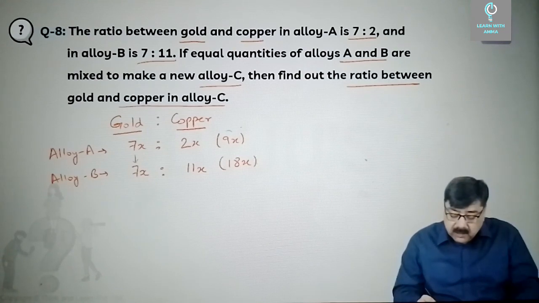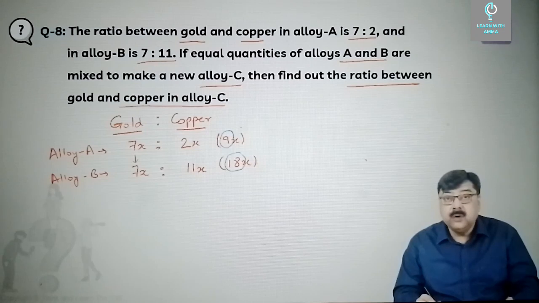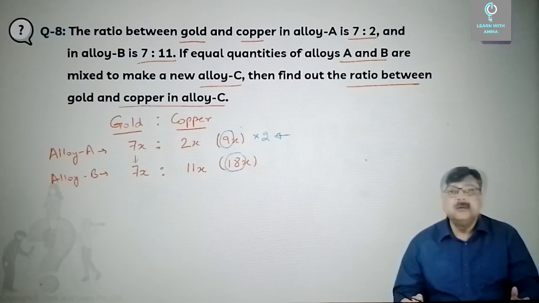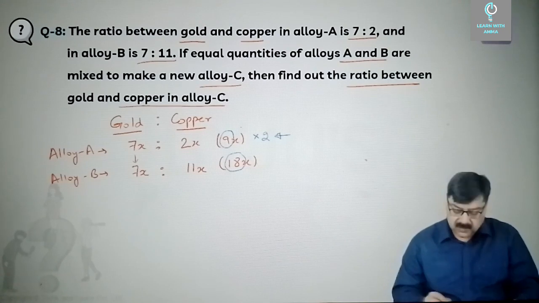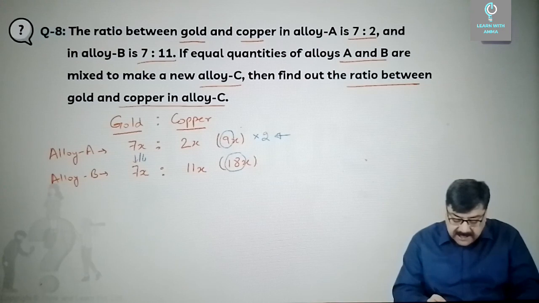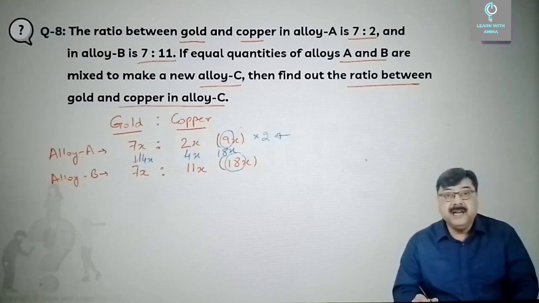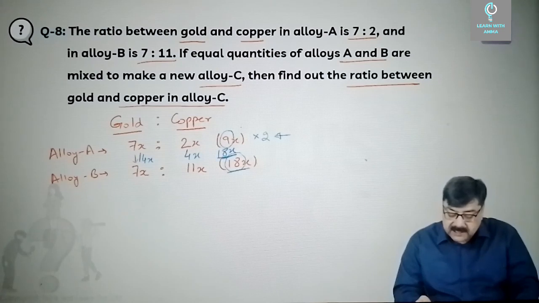Now we want equal quantities. Here we have 9x, here we have 18x. So what do you do? How do you make them equal? Well, multiply these ratio points with 2. Now the quantity will be the same. So 7x and 2x is amounting to 9. So make this 14x and make this 4x so that it becomes 18x. Now both these quantities are same, equal quantities.